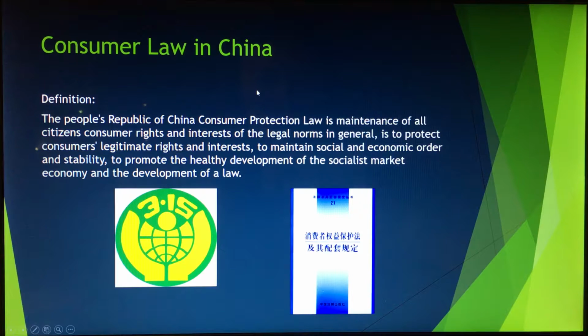The People's Republic of China Consumer Protection Law is the maintenance of all citizens' consumer rights and interests, the legal norms in general, to protect consumers' legitimate rights and interests, to maintain social and economic order and stability, to promote the healthy development of the socialist market economy and the development of law.